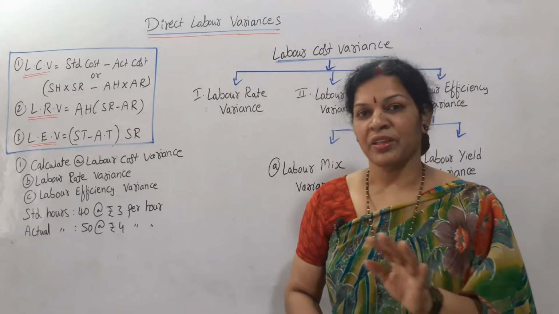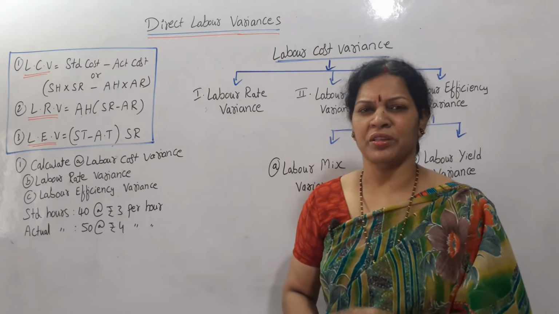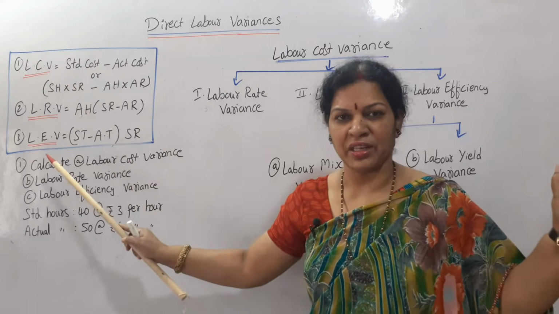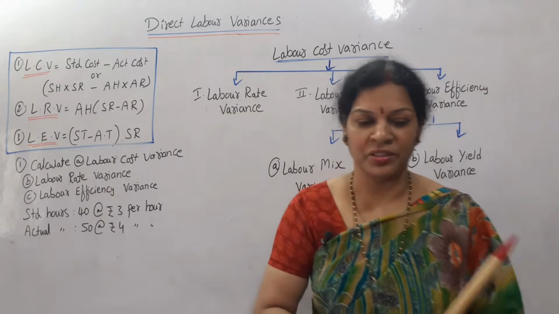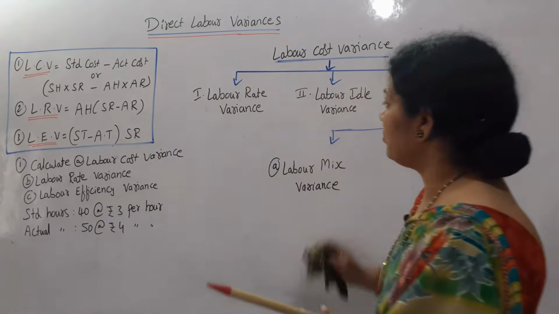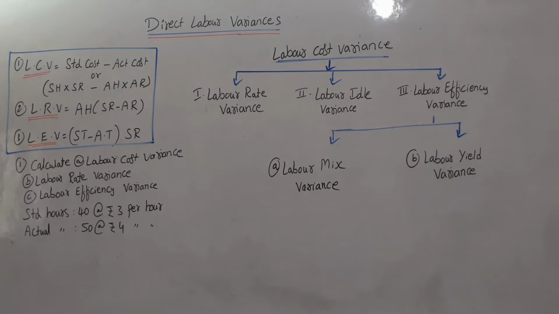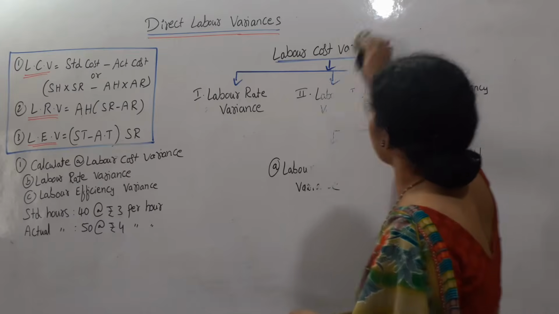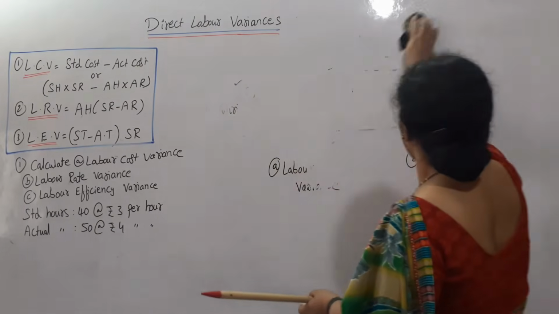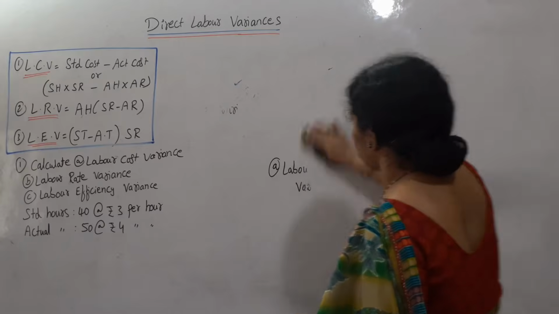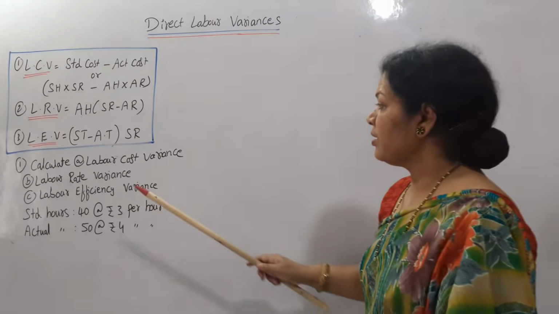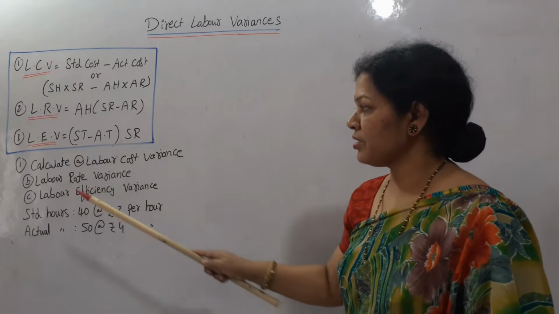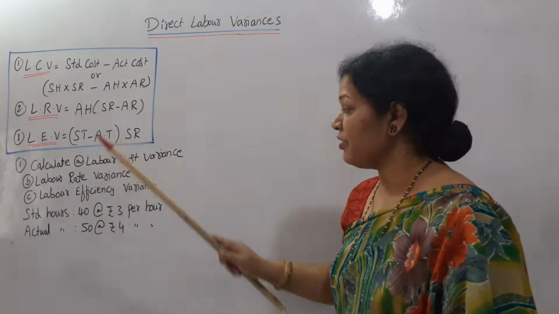Now we'll take one problem also today. Three formulas I have given, and related to these I have taken one problem so that we can complete it early. First take a screenshot of this. The problem: calculate labor cost variance, labor rate variance, labor efficiency variance.